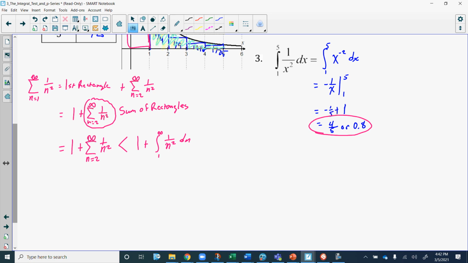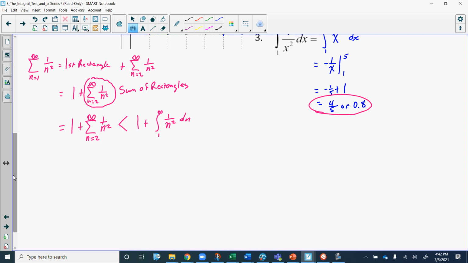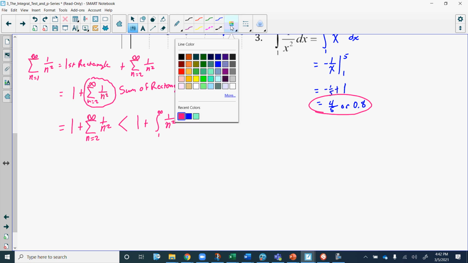Well, here, what we're going to do now is take the limit of the improper integral. Let me go ahead and go to a different color here.